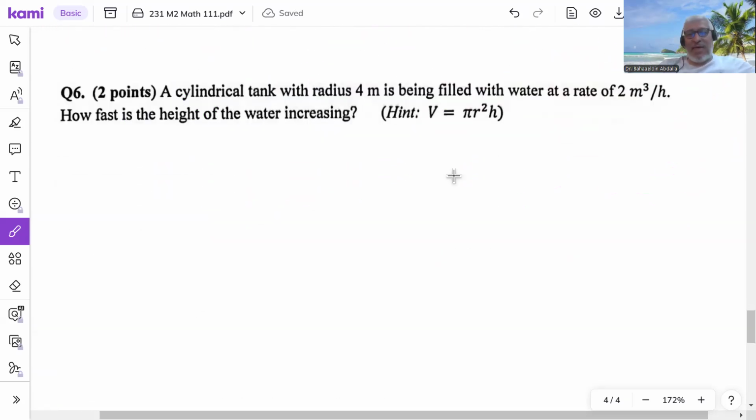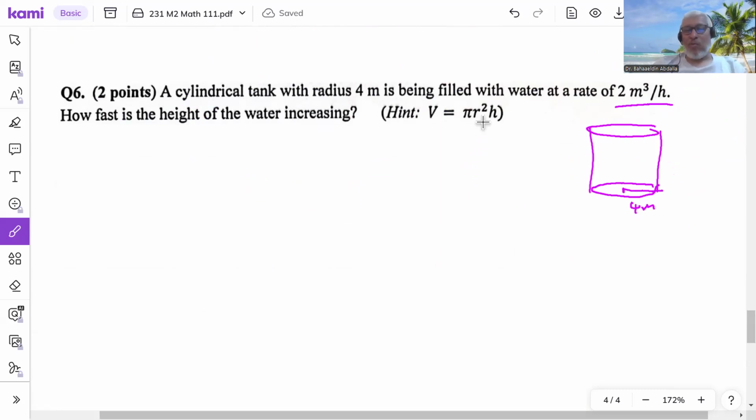A cylindrical tank with radius 4 meters is being filled with water. So there is a cylindrical tank. We are filling it with water. The radius is 4 meters, at a rate of 2 meter cube per hour.